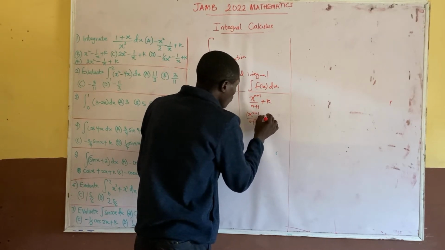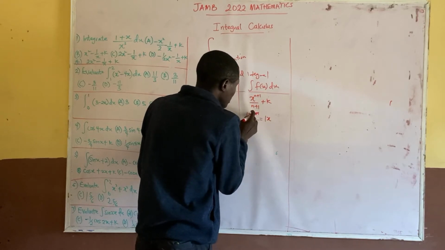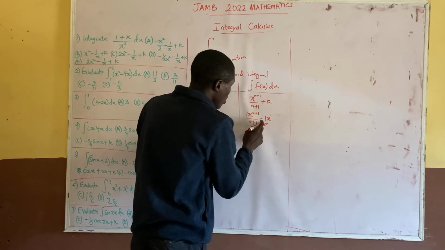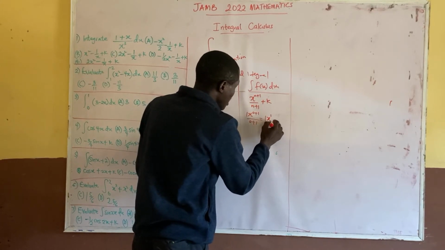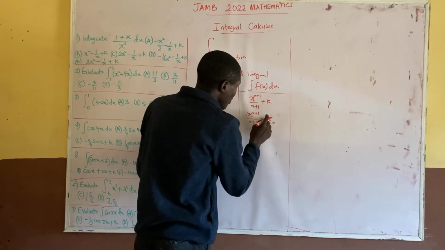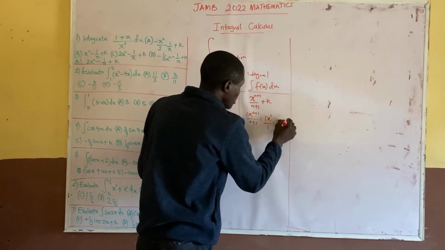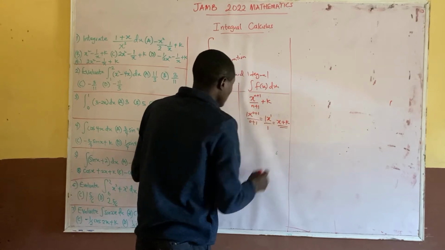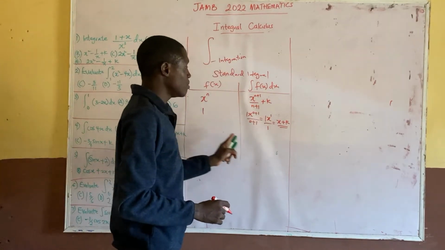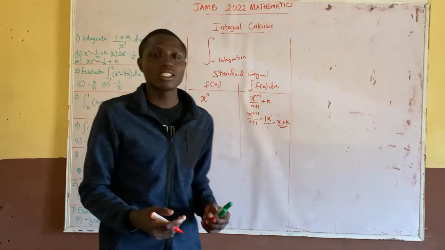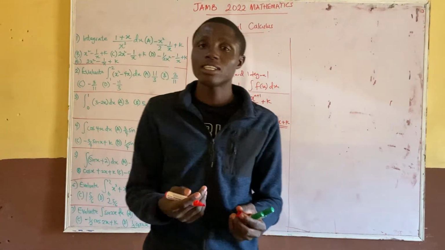So we have x raised to power 1 all over 1. So 1x is the same as x, plus k. That's the integral of 1. So the integral of 1 means x plus k. Now mind you, k is a constant. Some textbooks use k and others use C.